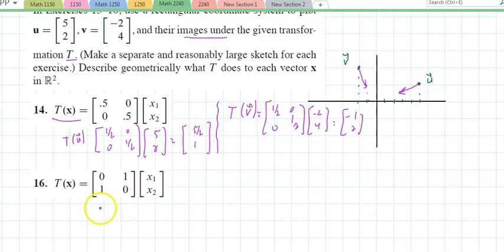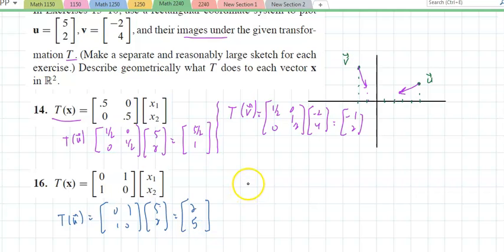So if I take T, that would be 0, 1, 1, 0, applied onto 5, 2, that's 2, 5. So the vector 5, 2 will be at 2, 5.